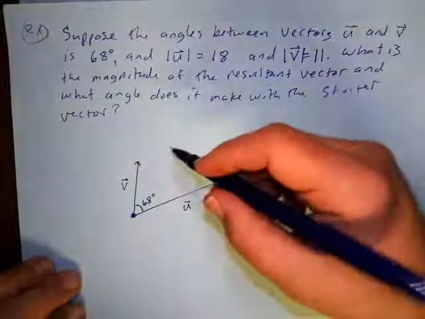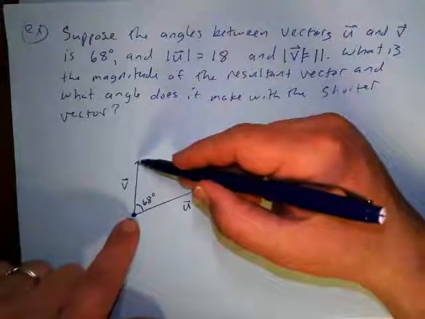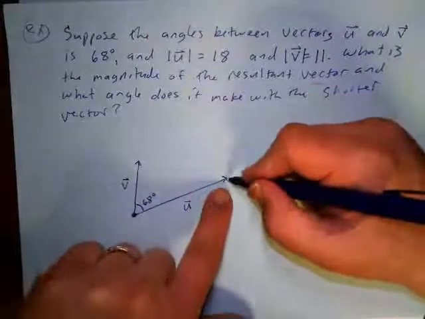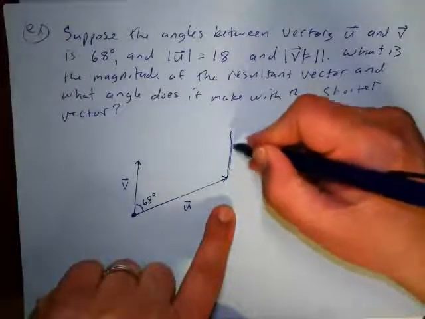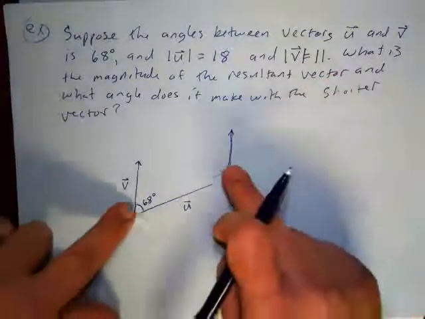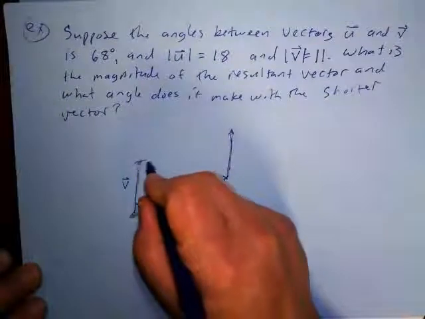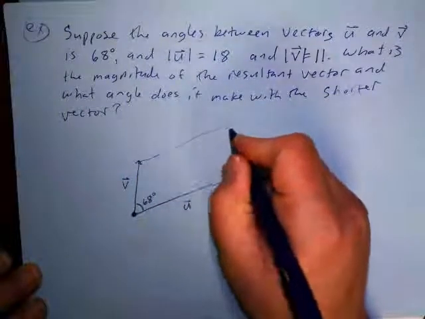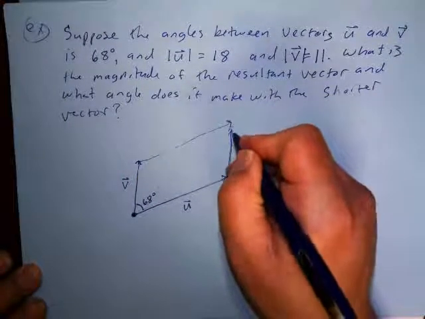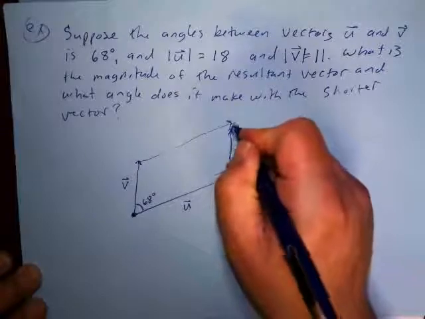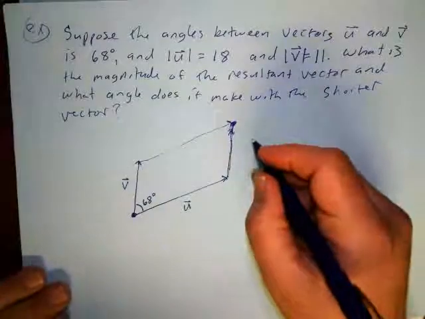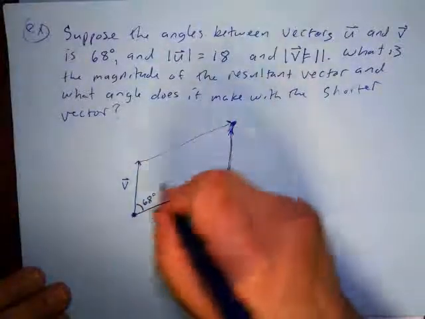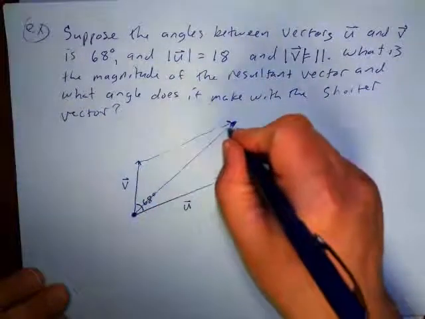So what I'm going to do is make the parallelogram. I'm going to take this, put it up on here, and that would be like that. And then this goes up here, something like that. Now the resultant vector would be here to here.